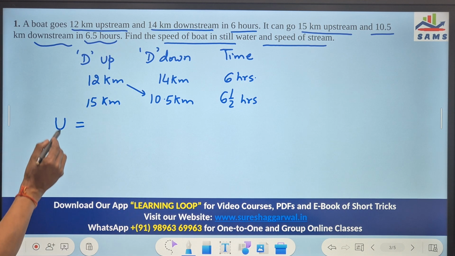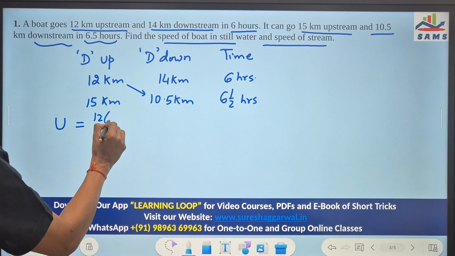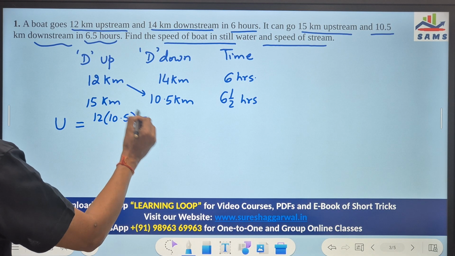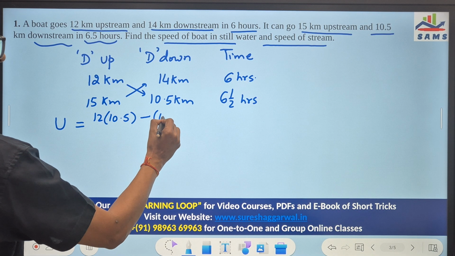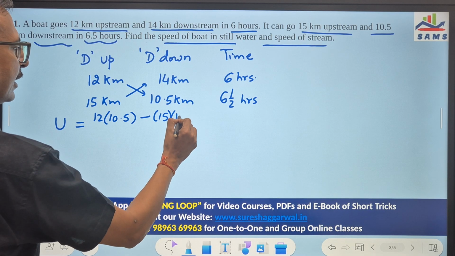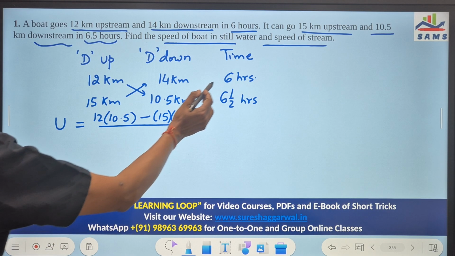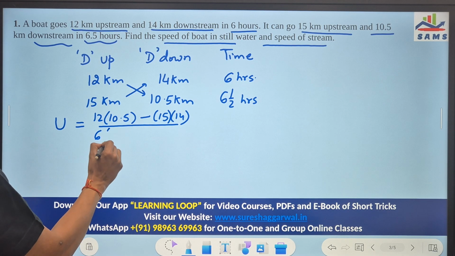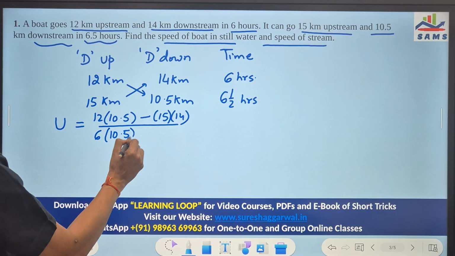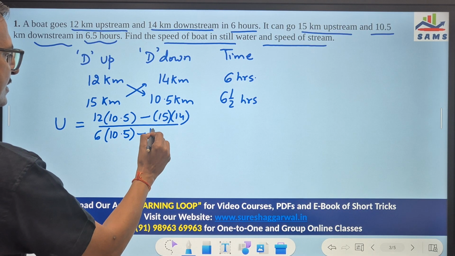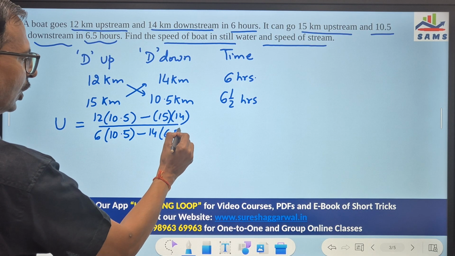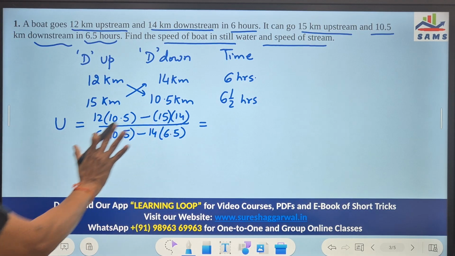So 12 times 10.5 minus 15 times 14, and in the denominator you will have 6 times 10.5 minus 14 times 6.5. All the calculations are written for your convenience here.